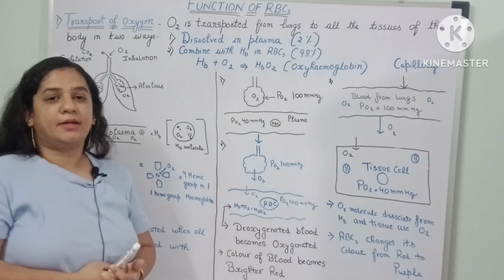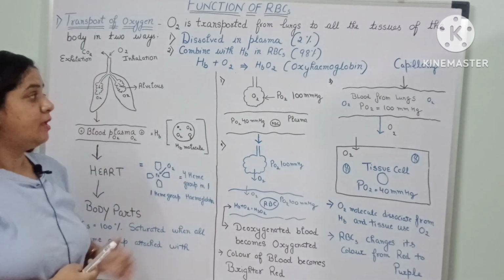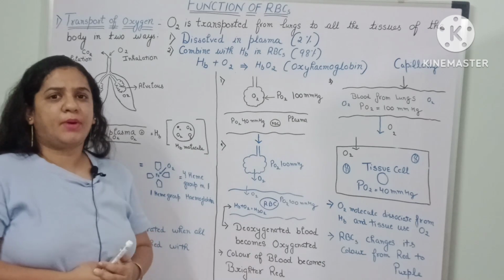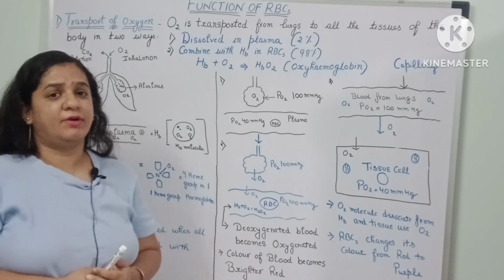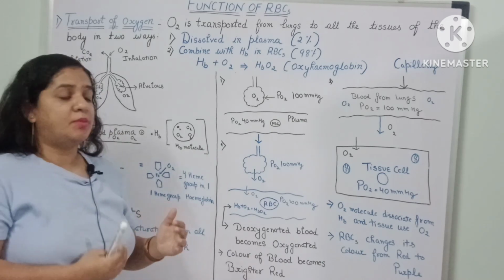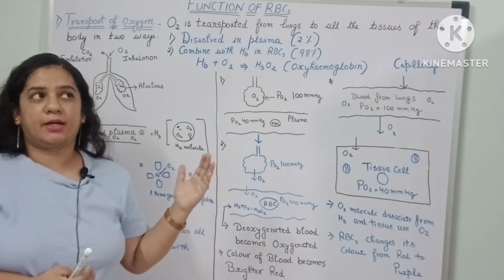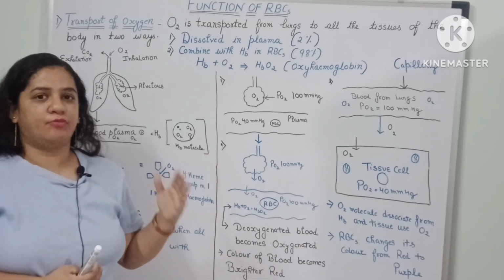The main reason behind this is partial pressure. Outside, the partial pressure of all gases together is 760 mmHg, and of oxygen it is 160 mmHg.